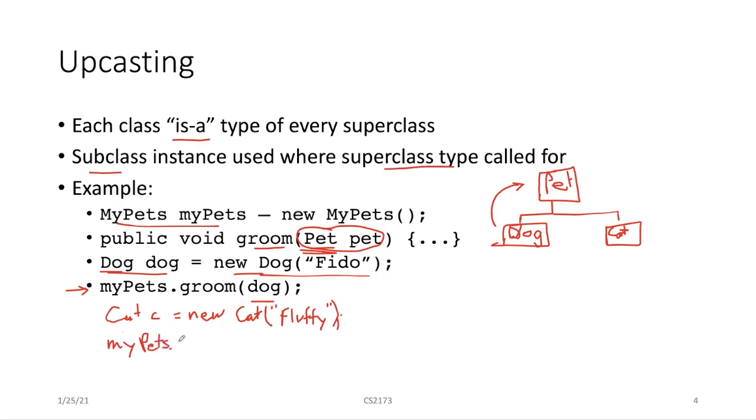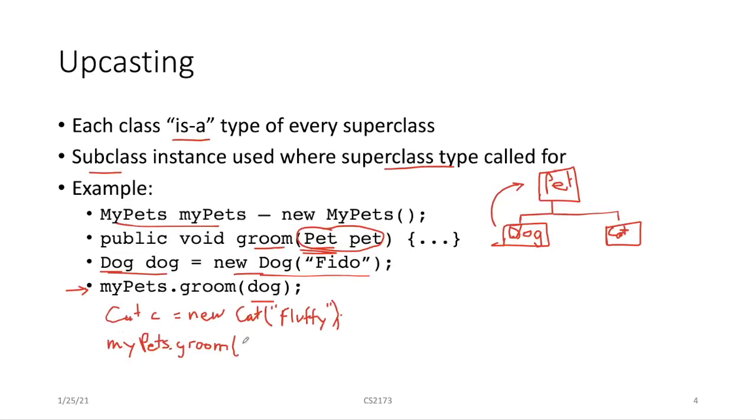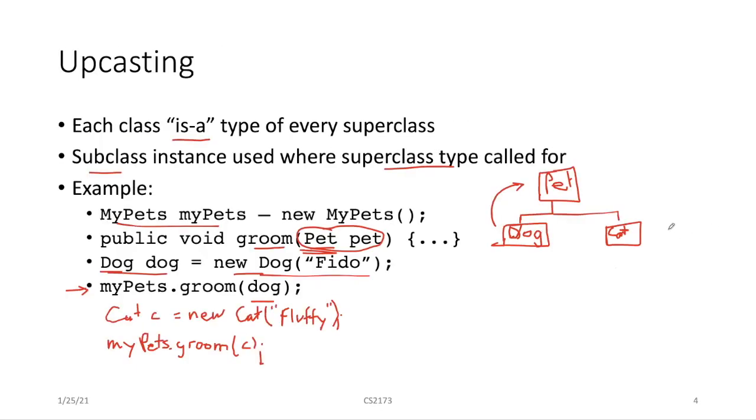I could invoke the groom method on the cat. This is legitimate, again, for the same reason. It would say, all right, well, you're a cat, and I'm expecting a pet, but since a cat is a pet, I will upcast the cat to a pet. So that's what this upcasting is about.